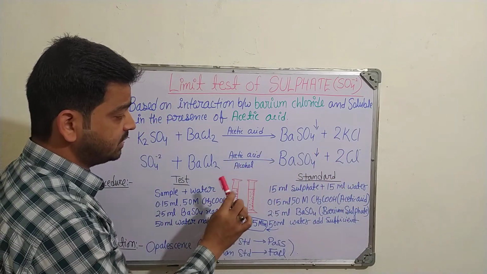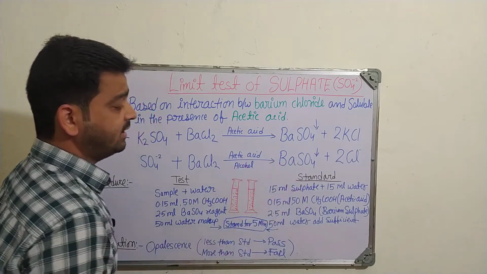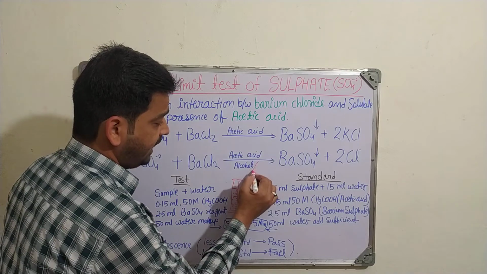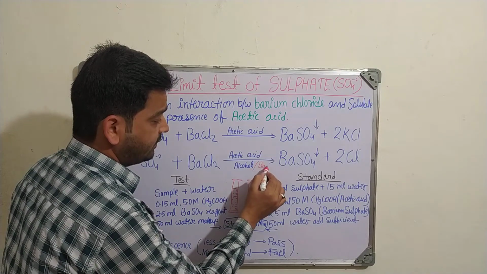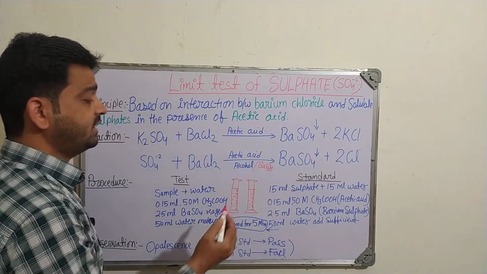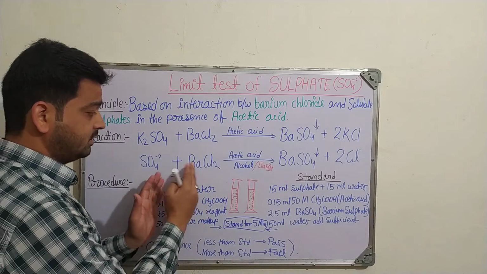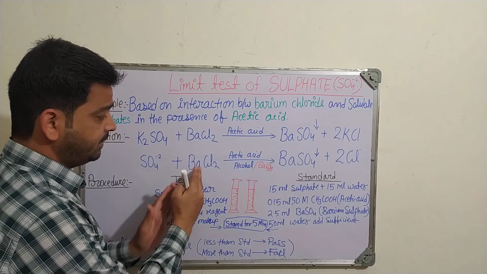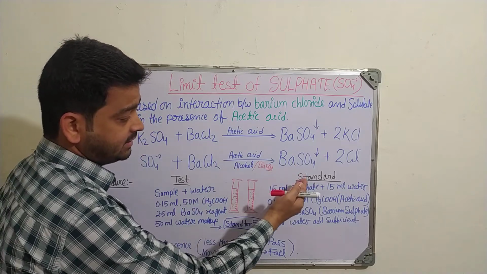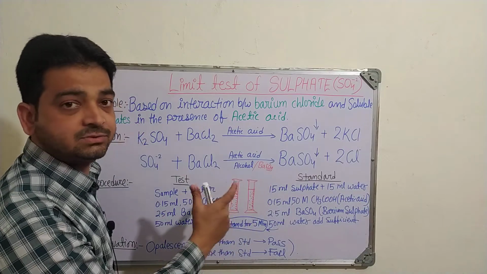Here two things we need to remember: we are adding alcohol and barium sulfate as reagents. Why are we adding barium sulfate? It is providing a sufficient number of sulfate ions to react with the barium chloride, so that barium sulfate may form and we can get at least a readable opalescence, which we are expecting.